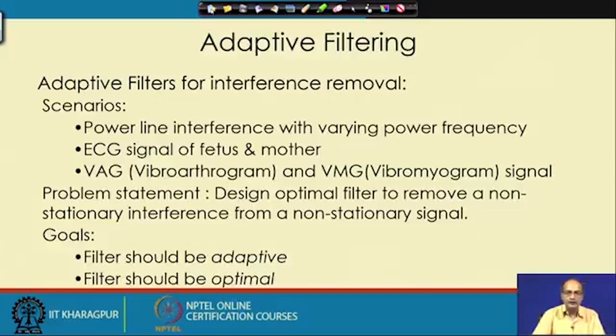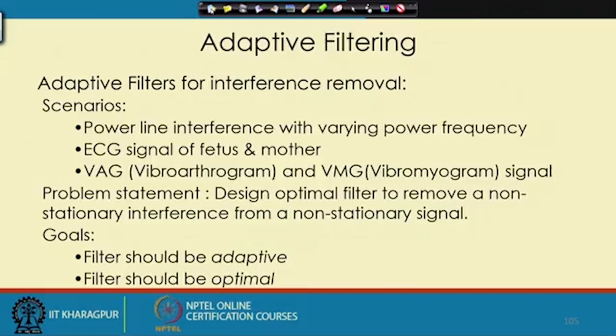Now, when the child or the fetus is in the womb, then when we are trying to get the mother's ECG, the fetus ECG adds up with the mother ECG and acts as an interference.